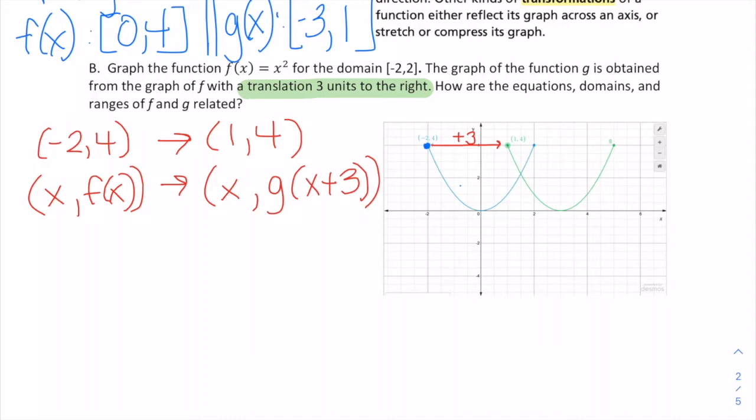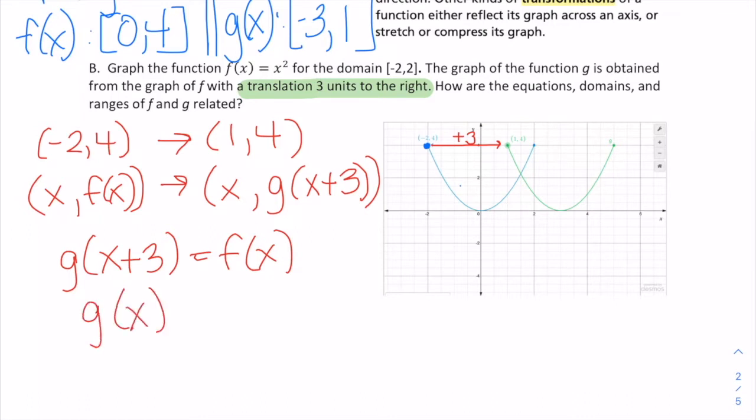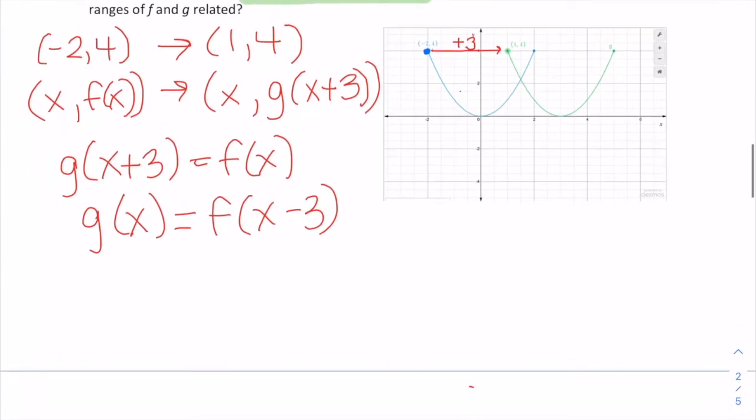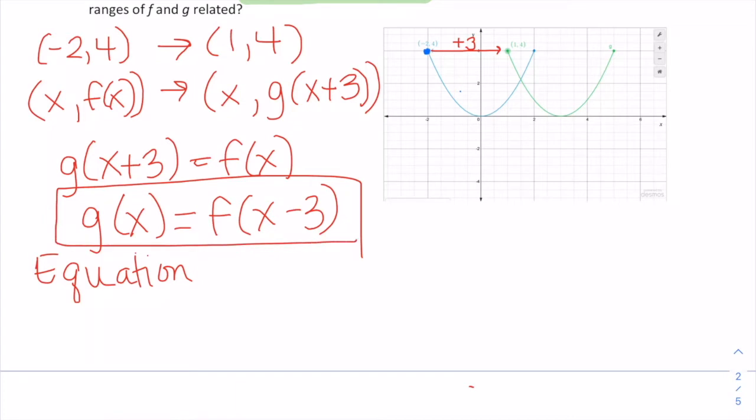Now when we have g of x plus 3, that's going to equal f of x. So I could say g of x equals f of x minus 3. So the equation is going to change for g of x to be f of x minus 3.